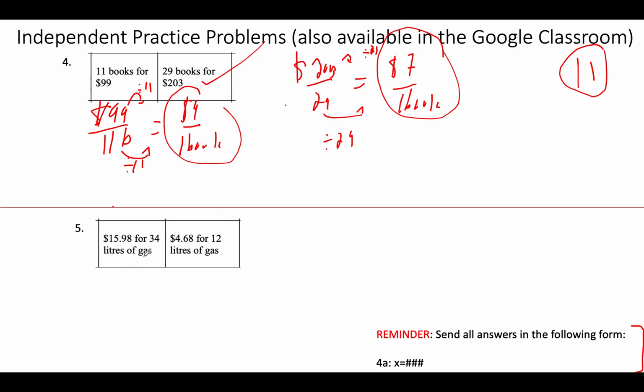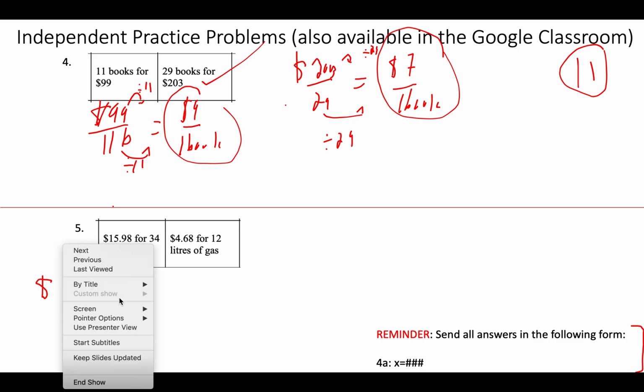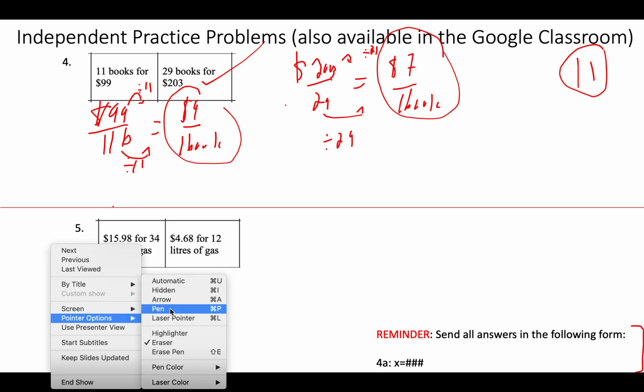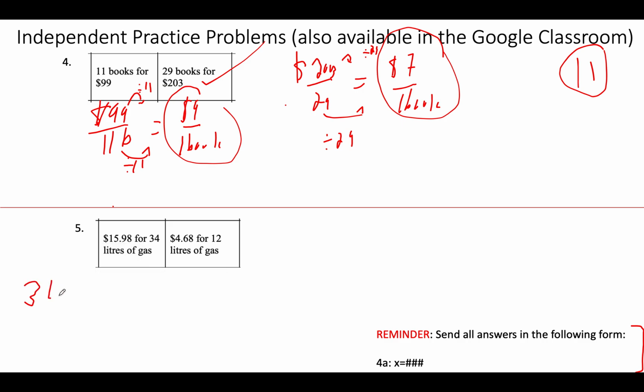This last one here, it's $15.98 for 34 liters of gas, or $4.68 for 12 liters of gas. So we're going to set up as we do the other ones. We're going to put our liters of gas on top, 34 liters over $15.98.